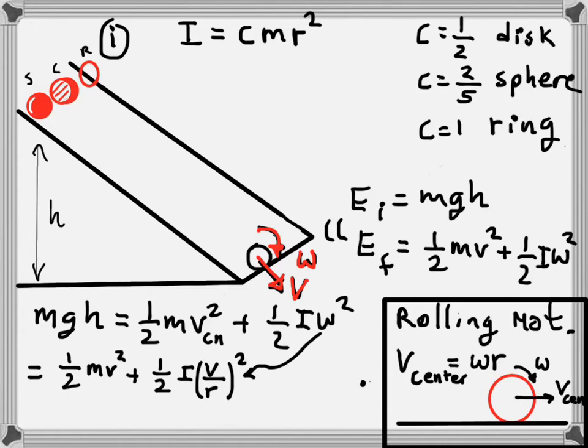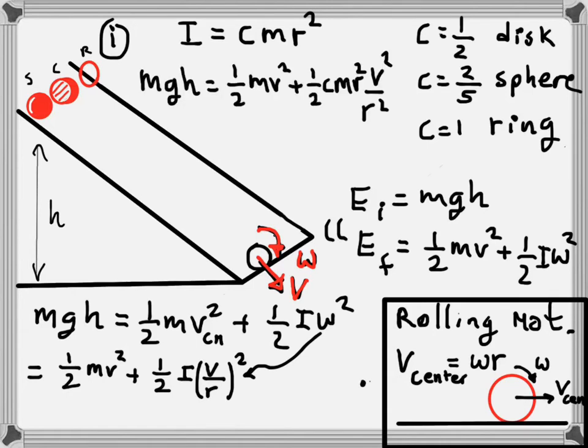We're just going to leave it in terms of c, and the equation at the bottom becomes mgh, potential energy, equals 1/2 of mv squared plus 1/2 of c m r squared times omega squared, which can be written as v squared over r squared.